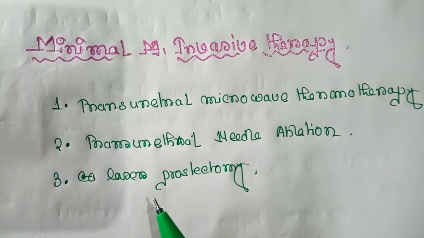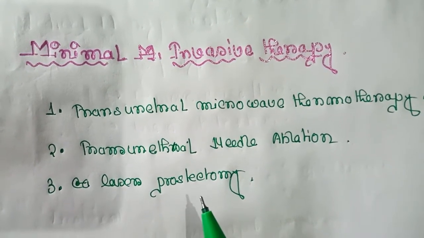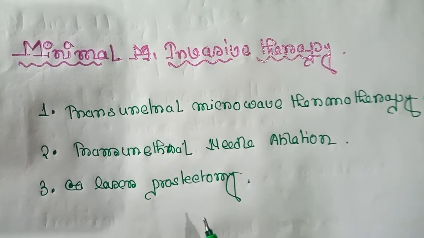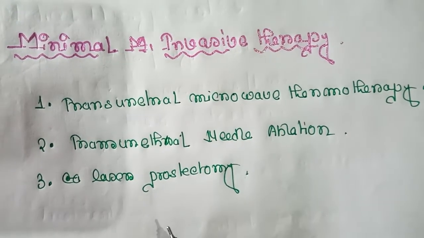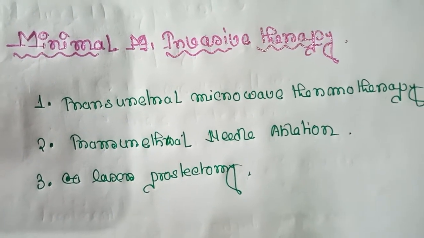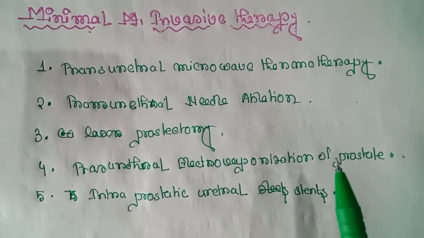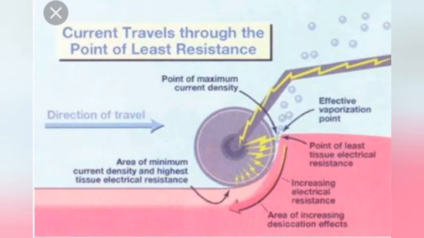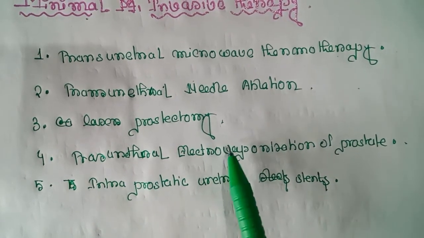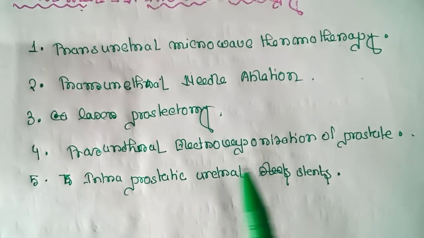In this procedure, a laser beam is used to cut or destroy part of the prostate. Different techniques are available: visual laser ablation of the prostate, contact laser, photovaporization of the prostate, and interstitial laser coagulation. Transurethral electrovaporization of the prostate: electrosurgical vaporization and dissection are used together to destroy the prostate.